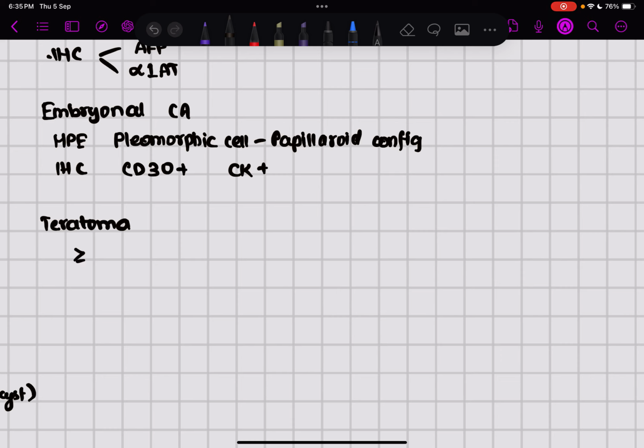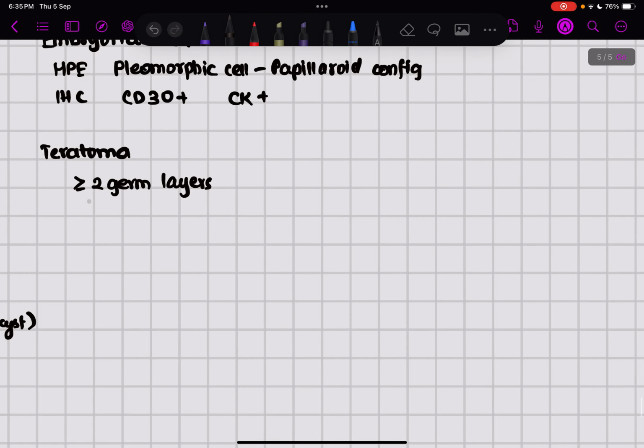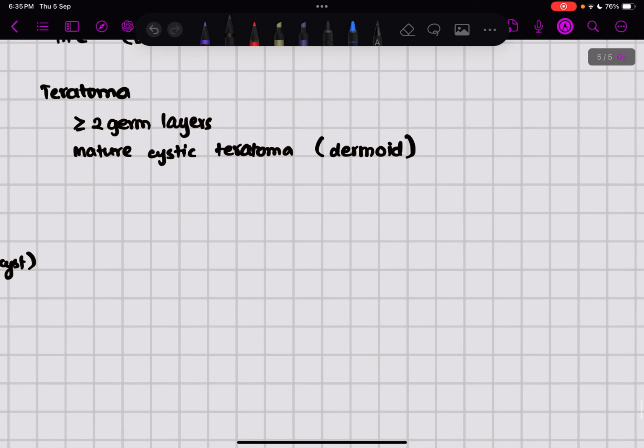It has more than or equal to 2 germ layers. And a mature cystic teratoma is called a dermoid cyst, and this contains a Rokitansky protuberance.